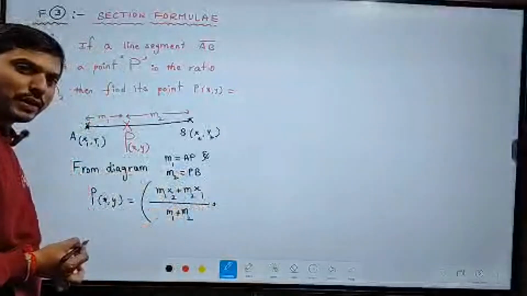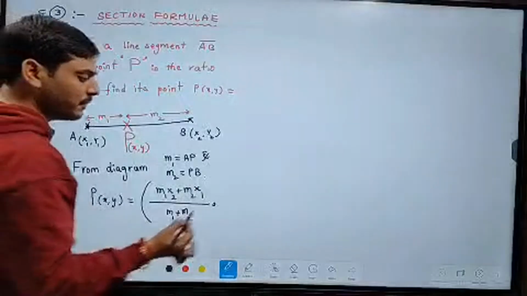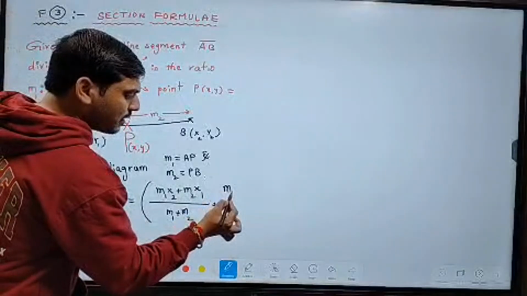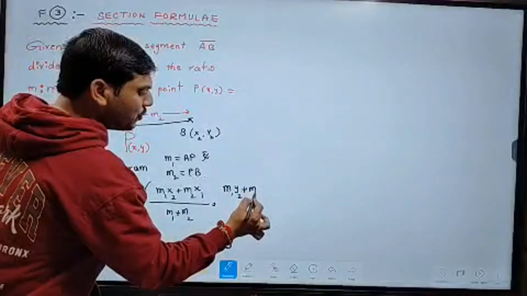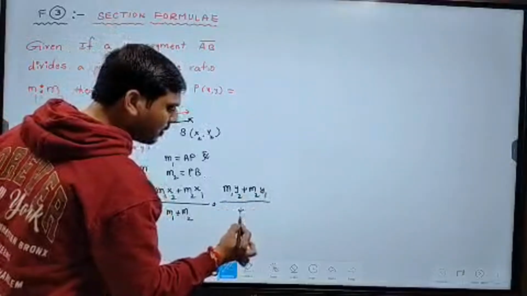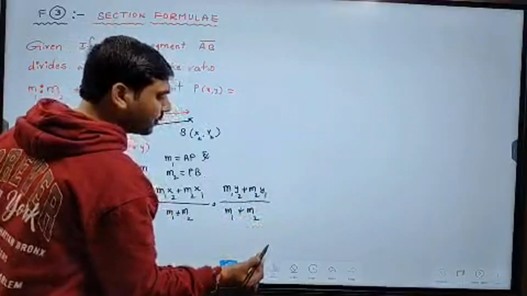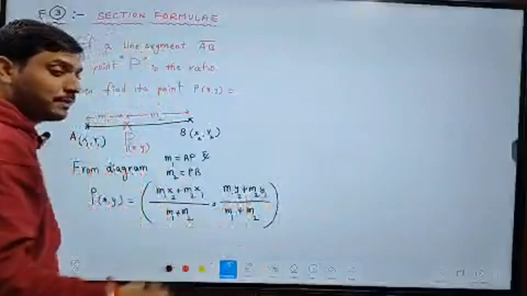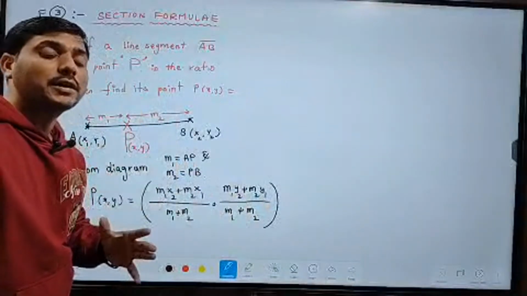Same story, replacing x2 with y2 and x1 with y1: (m1 y2 plus m2 y1) divided by the sum of the ratio terms, again m1 and m2. This is the y term of the point P.